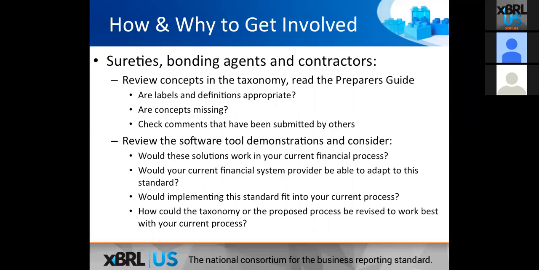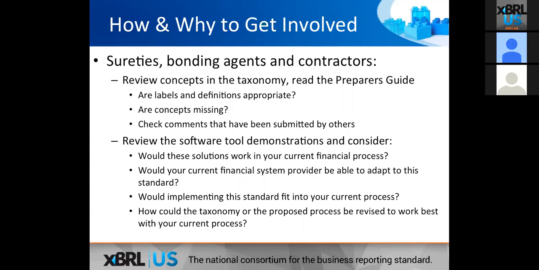As I said, the taxonomy is a foundation for the automation and adoption to be attractive to everybody. So in order for that to work, we need everybody. Not the technical people will need to do their thing, but the surety underwriters, bond agents, contractors, CPAs that are using the data on a day-to-day basis.